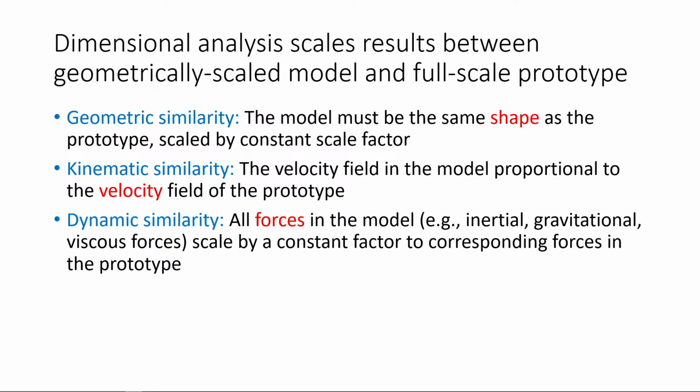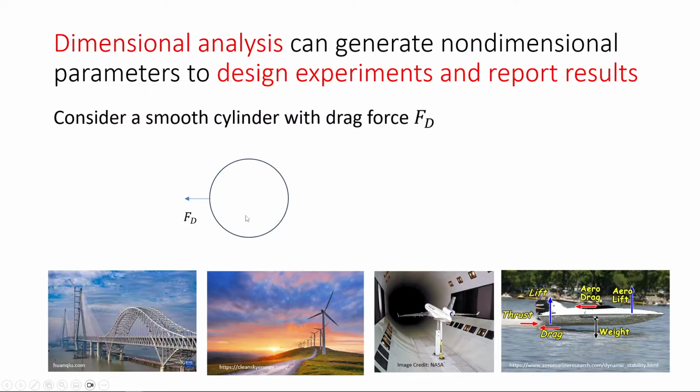We will look at this more in the next video, how we can use the pi theorem to ensure that we are achieving geometric, kinematic, and dynamic similarity. Okay, so let's look at an example.